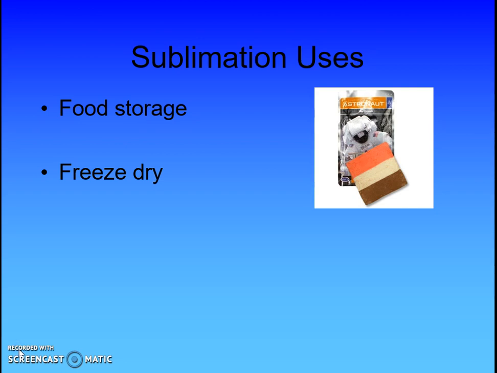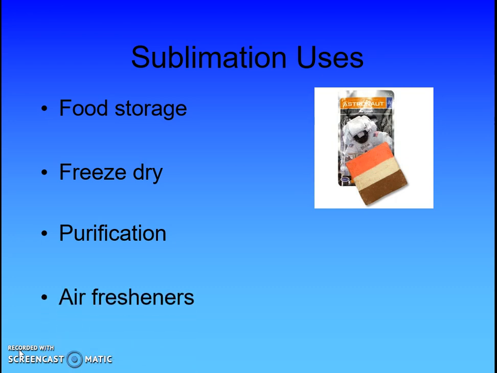Another common use is in purification, so taking a solution and trying to get back out just one singular substance from that solution. Just like distillation, we use sublimation in purification by doing the same thing, kind of like freeze drying, of taking that solution and either freezing it if it doesn't already have solid in it, and then lowering the pressure again to have the substance we do not want sublimate off, leaving behind the pure substance that we do want.